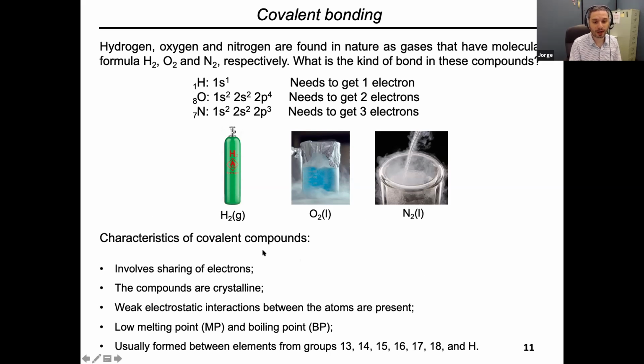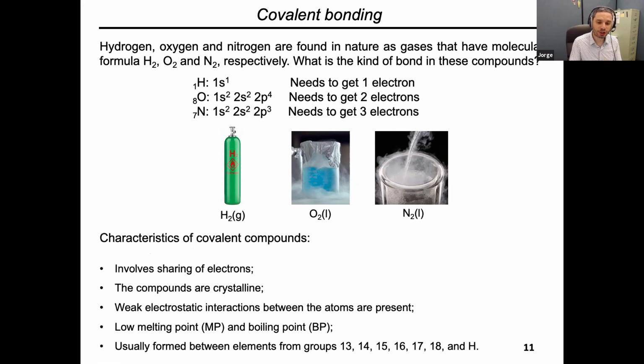Covalent compounds are compounds where there is sharing of electrons. So biggest difference from the ionic bonding where there was donation of electrons. In this case, nobody will lose and nobody will completely gain electrons, but we are going to share what we have to achieve stability. The compounds are crystalline.